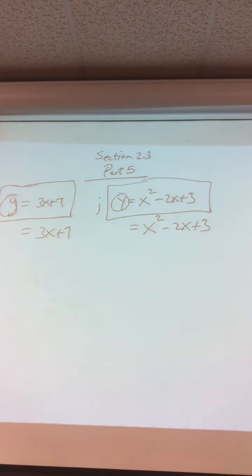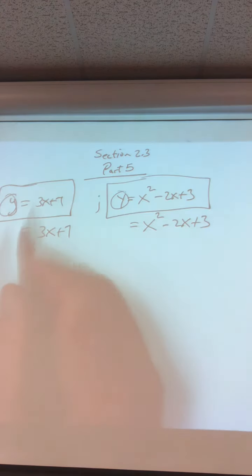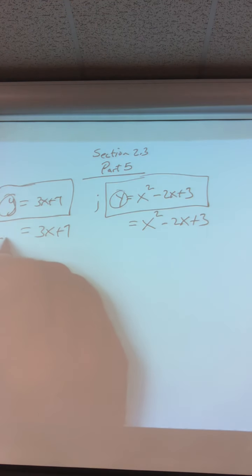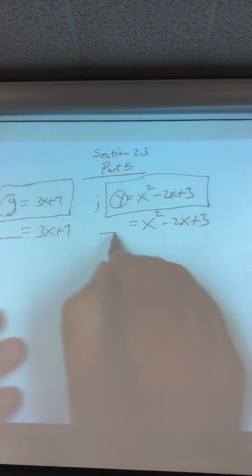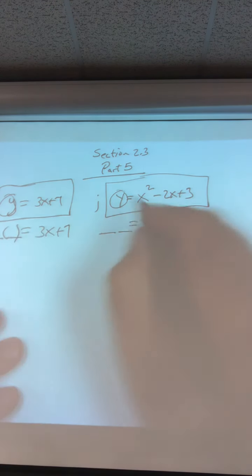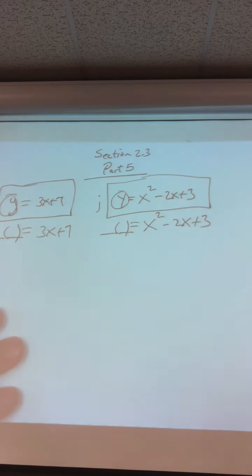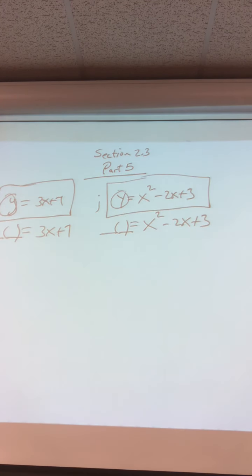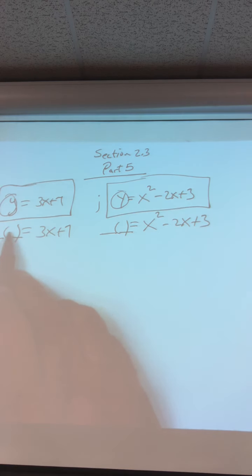Now when I go to name it, we give a function a first name and a last name. We always put the last name in parentheses. It's just how we do it. Just like when you're born, your last name is fixed. Well, when you name a function, its last name is fixed.